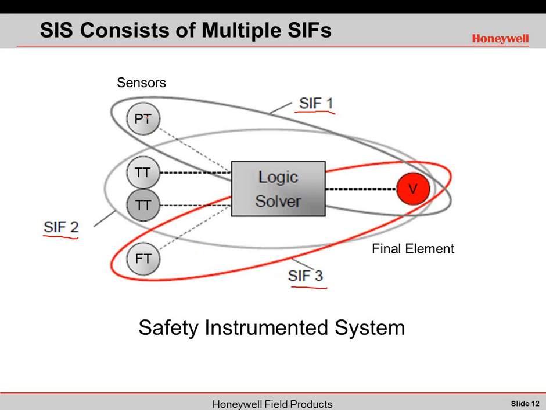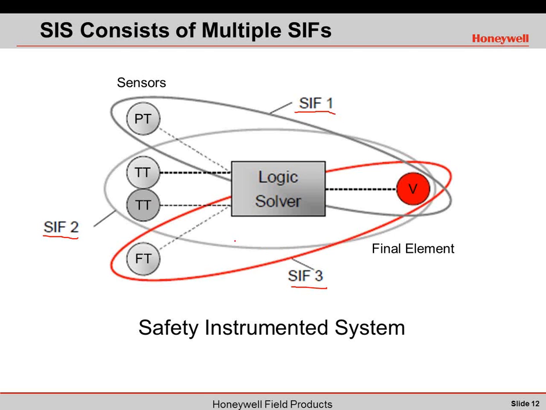We have a pressure sensor that operates the valve based on what sort of logic we have in our logic solver. And the logic solver could be a PLC. It could be a hybrid controller, for example, an HC900. And in my case, that happens to be the product that I support.